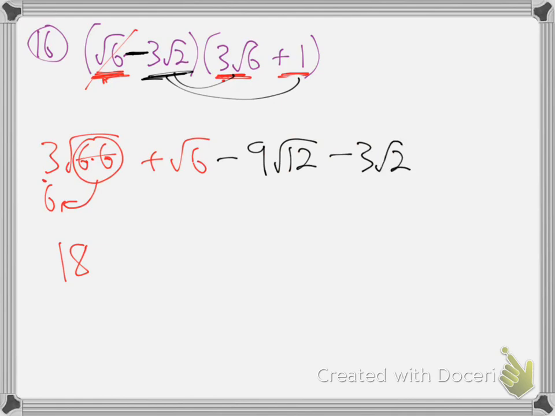Is that okay? Outsiders with outsiders, insiders with insiders. Outside numbers multiply outside numbers, and inside with inside.